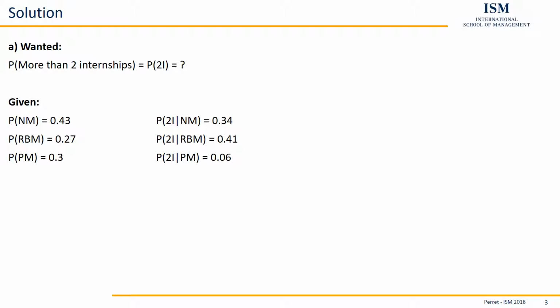What we actually want to calculate here is in the end nothing else than the weighted average of the 3 conditional probabilities, whereas the probabilities of studying in one specific study program, so the probabilities on the left, give us the weights.